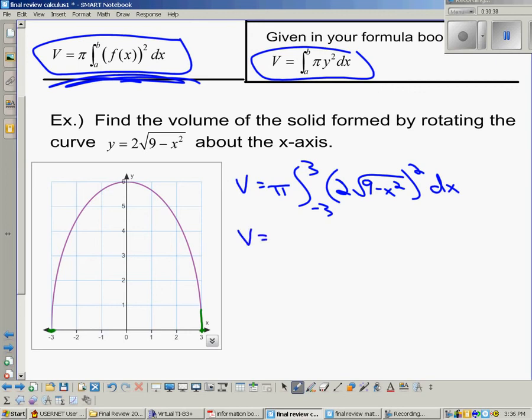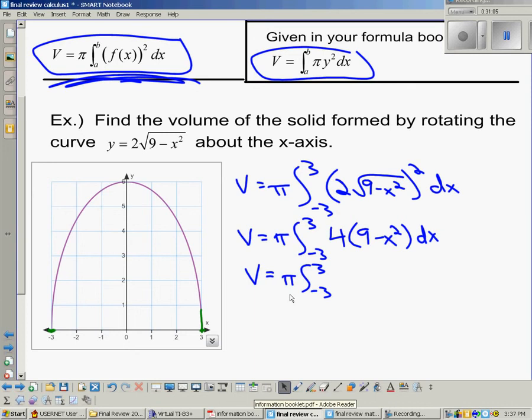Before I integrate, I want to square that function. So 2 squared is 4. The square root of 9 minus x squared, all squared, is just 9 minus x squared. Now I could take that 4 out front. Maybe that's the easiest thing for us to do here.